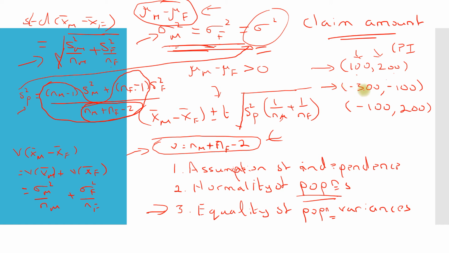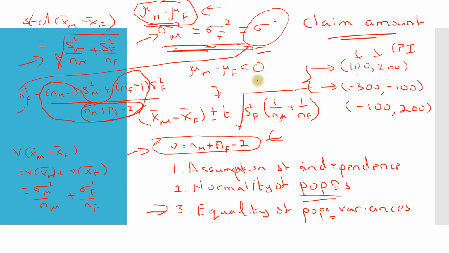However, if you are getting a confidence interval like this, you need to remember what you are starting with. If you started with mu m minus mu f and you get something like that, then it means that the confidence interval which has been estimated here is a negative confidence interval. So what does this mean?